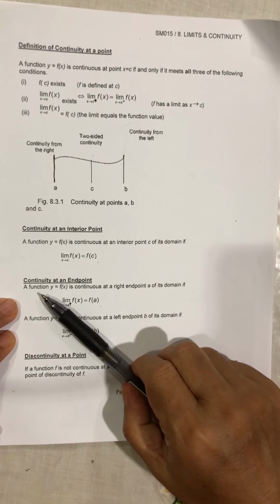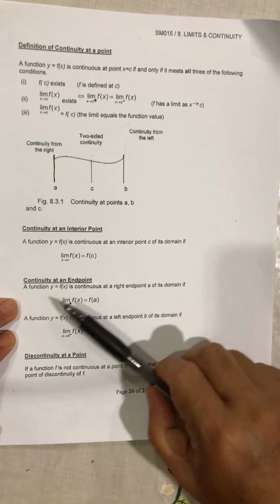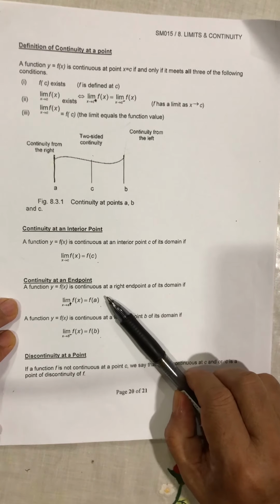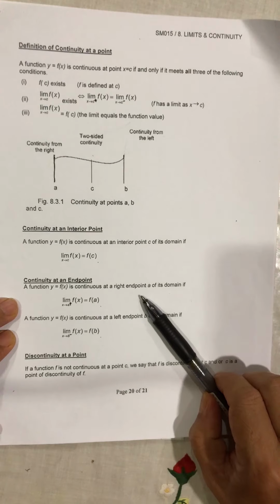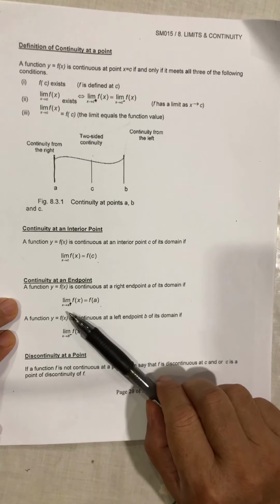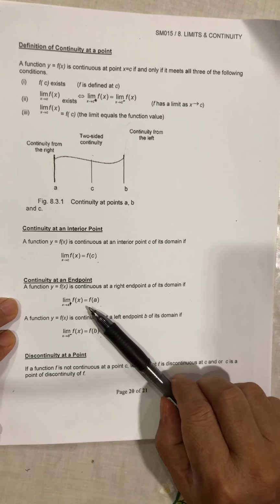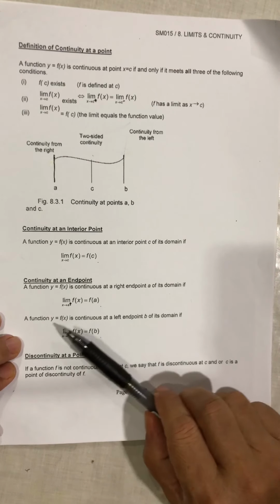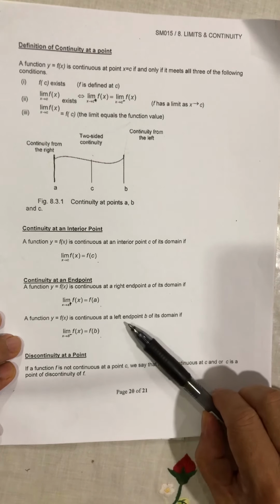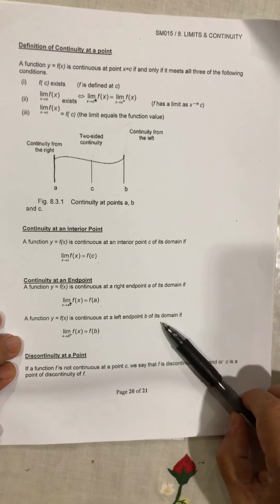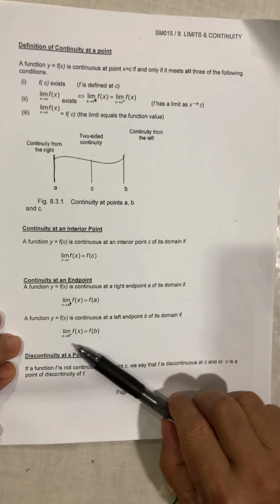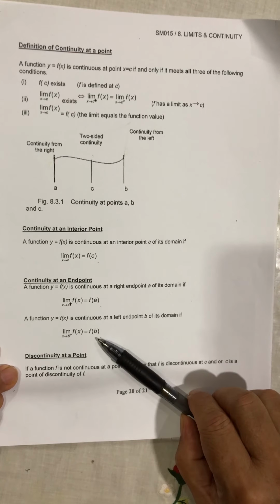And for continuity at an endpoint, a function y equals f(x) is continuous at a right endpoint a of its domain if the limit of f(x) as x approaches a from the right is equal to f(a). And it is continuous at the left endpoint b of its domain if the limit of f(x) as x approaches b from the left is equal to f(b).